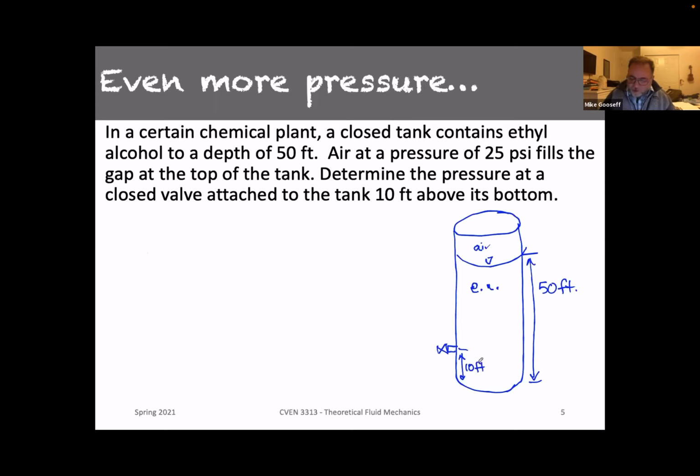And therefore it's 40 feet, right, by difference below the top surface, or the interface between the top of the ethyl alcohol and the air. So this is some H, and we know H is equal to 40 feet.